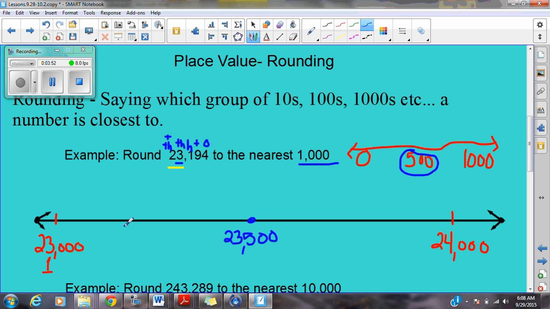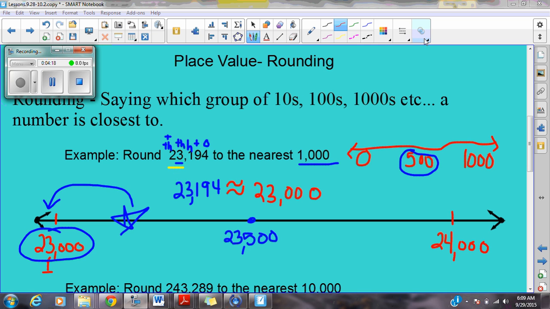So I know that it goes on this side, and I'm going to star about where it would go. Because my star is here, I can see that this number is closer to 23,000 than it is to 24,000. So I'm going to round to 23,000.